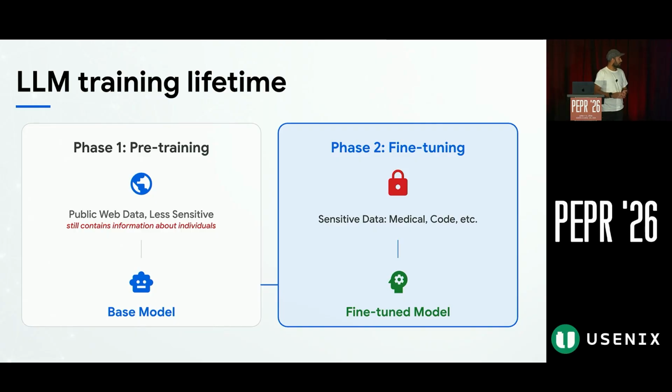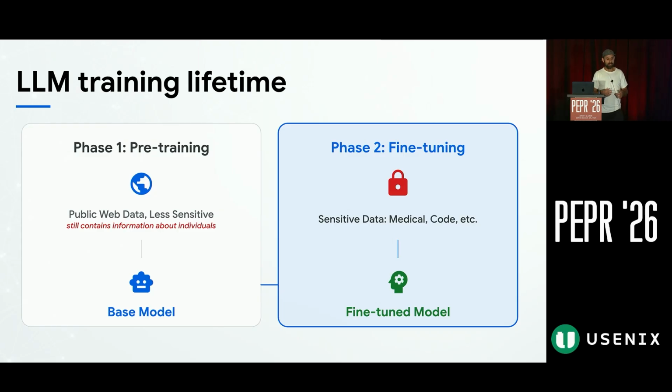Just as a recap, LLM training has broadly two main parts. The first part is pre-training, where we train a base model on very large amounts of data, something like trillions of tokens. This data comes from the web, mostly public data, but it might still contain lots of sensitive information. The second part is called fine-tuning, and usually this uses proprietary datasets that are more targeted towards what you want your LLM to do.